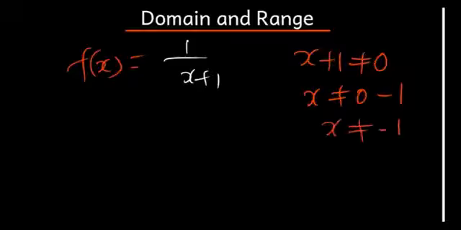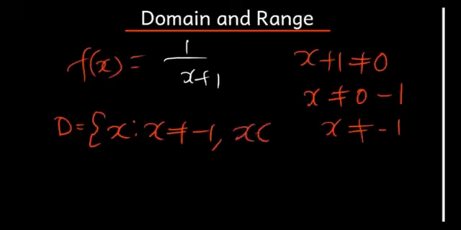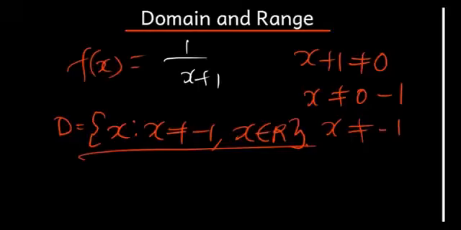So the domain is x such that x is not equal to negative 1, but x can be any other real number. I can plug in any value of x, as long as that value is not negative 1, and this function is going to be defined.